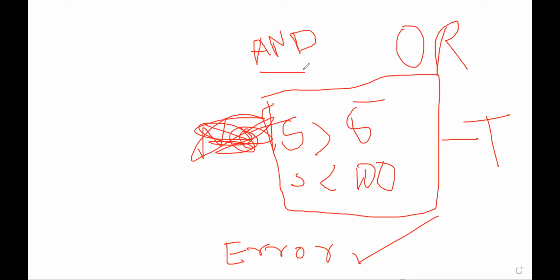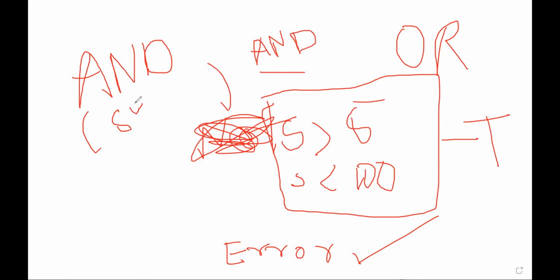Now I have written and. In the and function, I have written salary should be greater than 5K, comma, and salary should be less than 1 lakh.